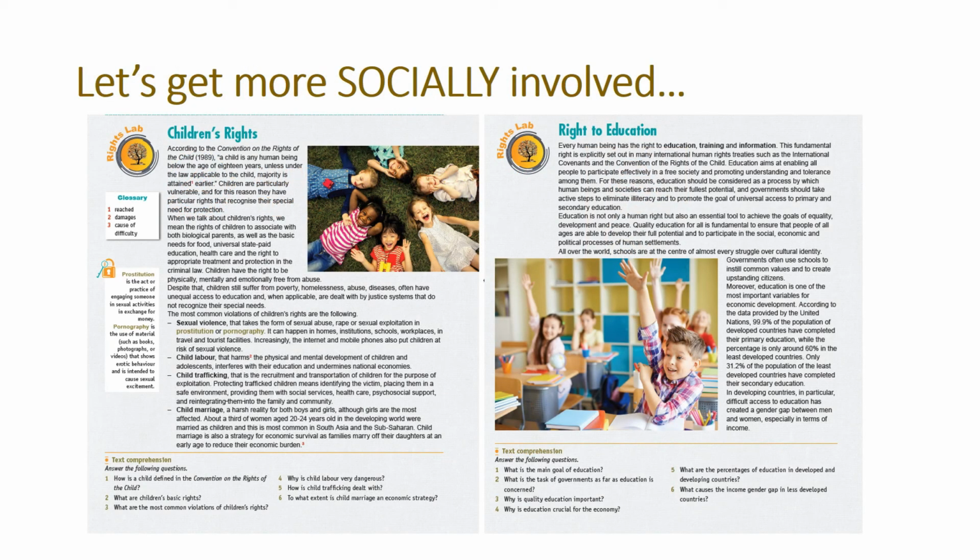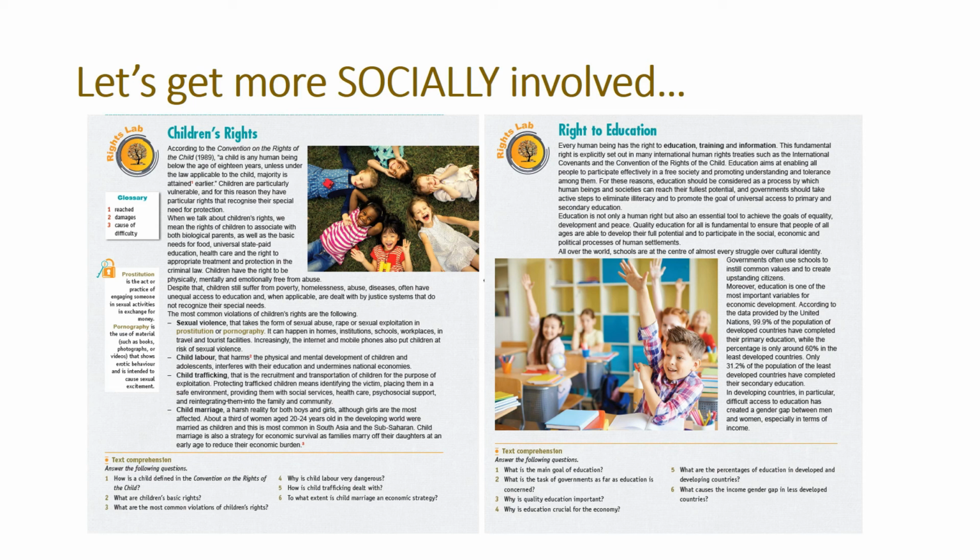Okay, now the last and final part is dedicated to social sciences. The second part of the book is devoted to social sciences, and the idea is to get more socially involved. Through literature, students can now focus on some social issues.